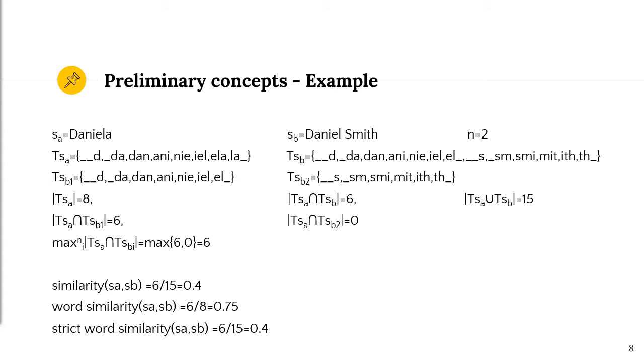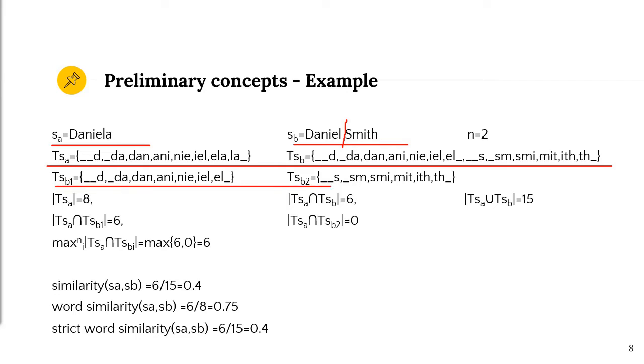For a better understanding of the similarity functions, we have 2 strings, A and B, that we want to know their similarities. First, we transform these strings into sets of 3-grams. Note that string B has 2 words, so we also break B into B1 and B2, and define n equal to 2, which is used in this formula.